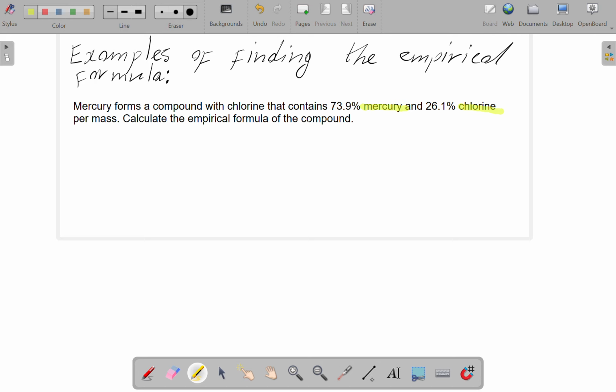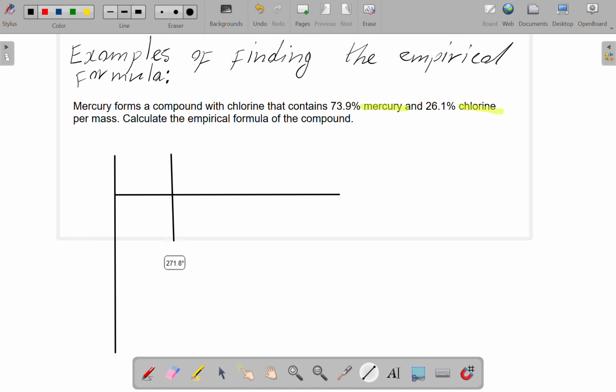Okay, so let's draw our table. Our table will be as follows. We have a table like that, and then the first row will be the row that comprises the elements. Because I have two elements, it means I should have two columns of elements.